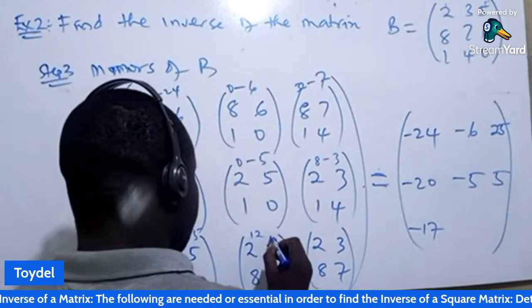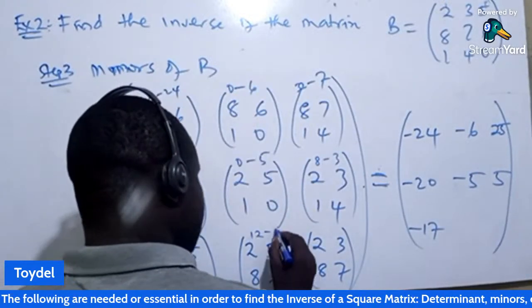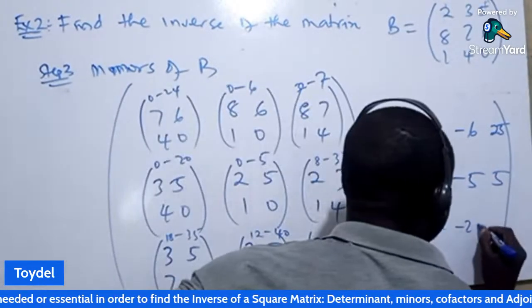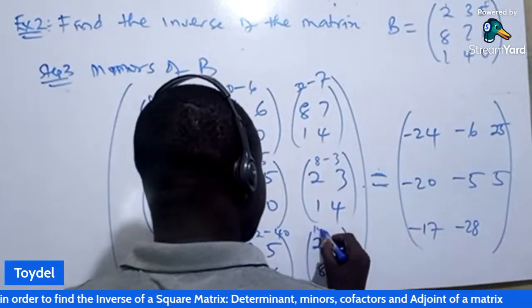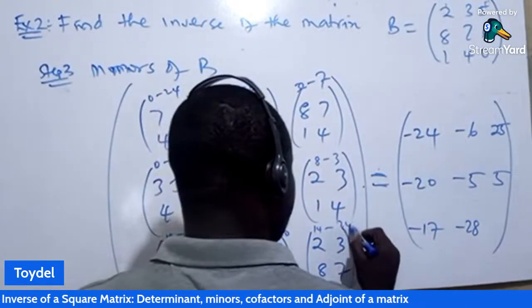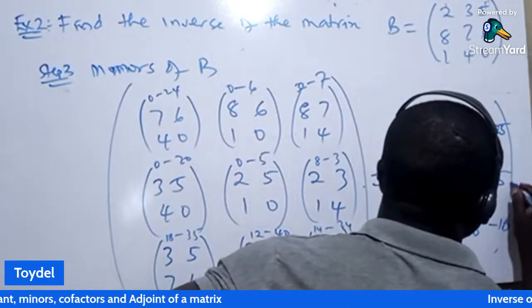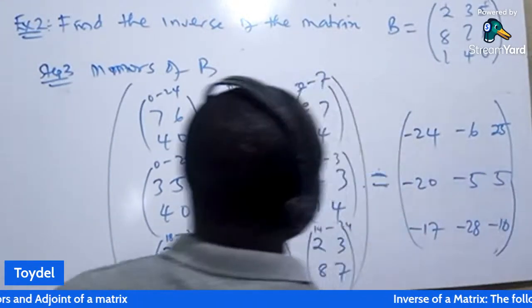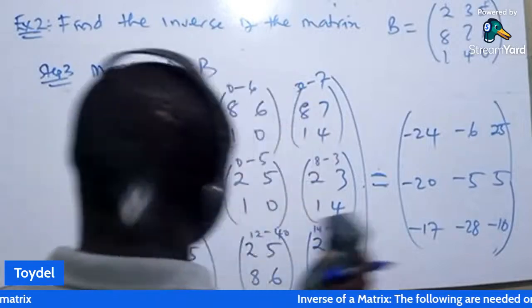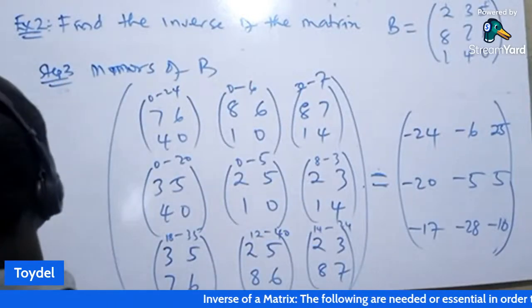Then 2 times 6 is 12 minus 5 times 8, 40, that's minus 28. Then 2 times 7, 14 minus 3 times 4, 12, that's 2, minus 10. So this will represent the minors of B.